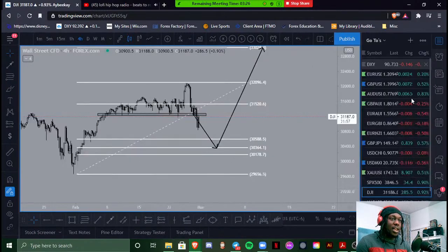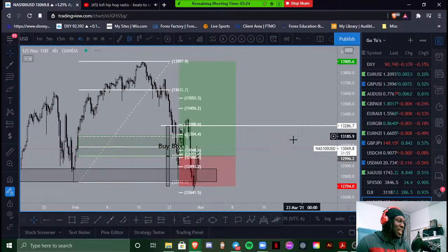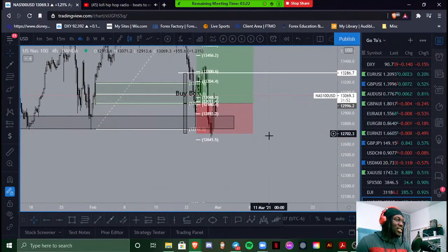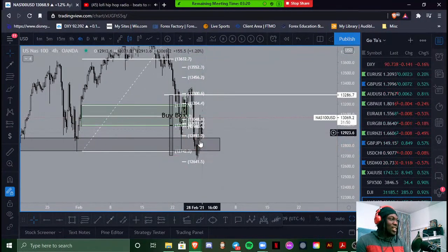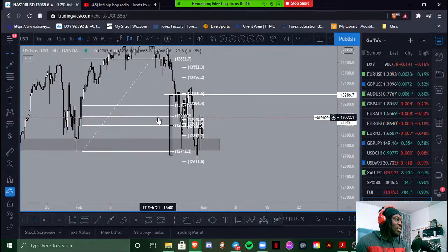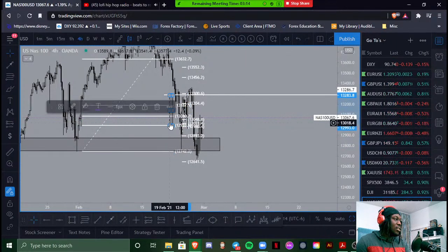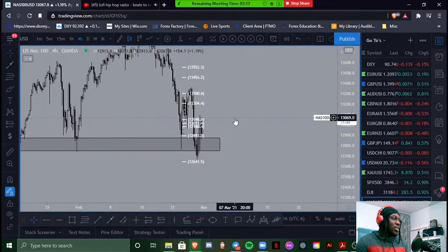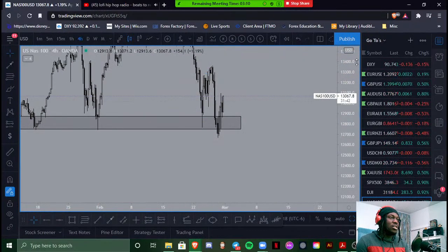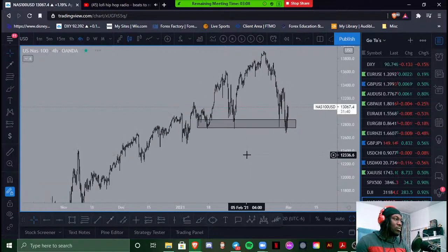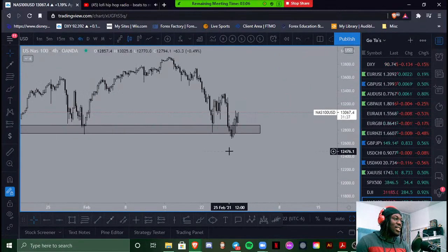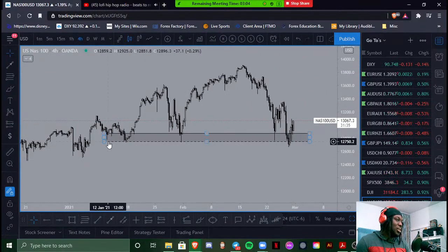And with NASDAQ, although I'm not trading this thing anymore, man, look at this. This thing is terrible. Stop loss was at break even though, so it's cool. But anyways, NASDAQ, I don't know what this thing is going to do.